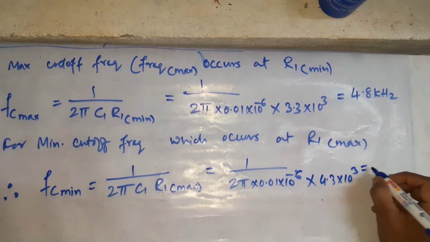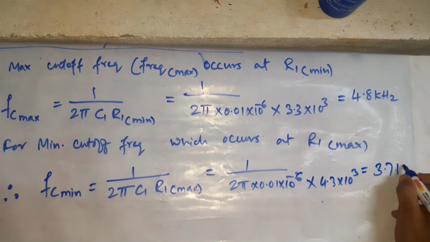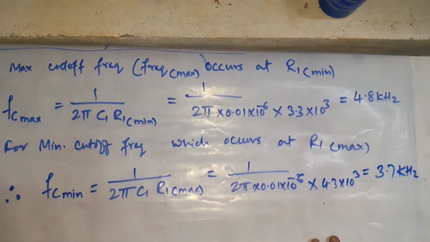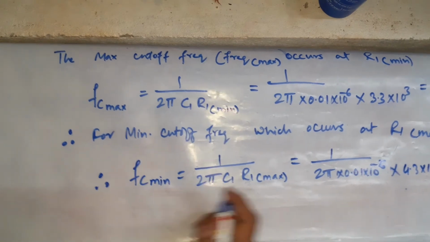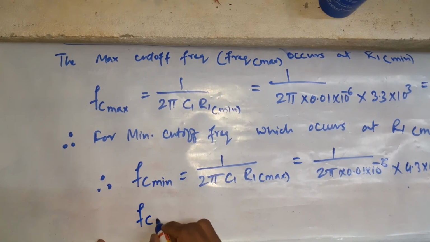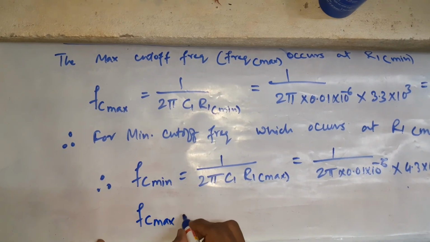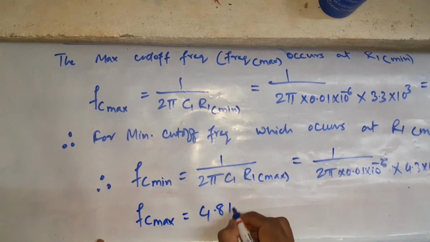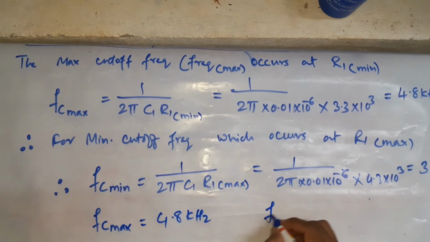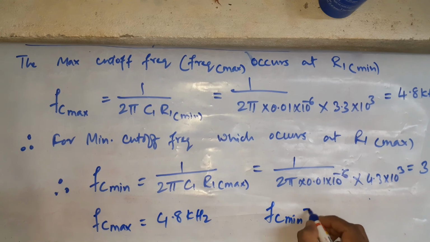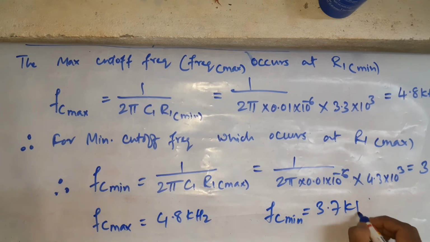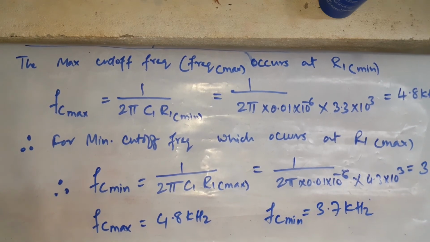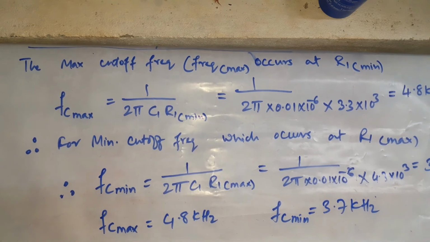So this will give you 3.7 kilohertz. So finally we can write Fc maximum is equal to 4.8 kilohertz and Fc min is 3.7 kilohertz.